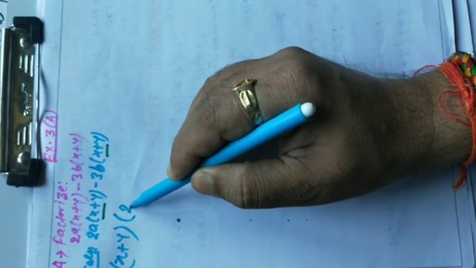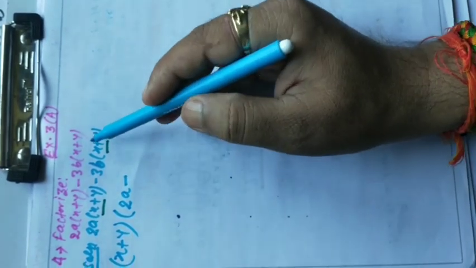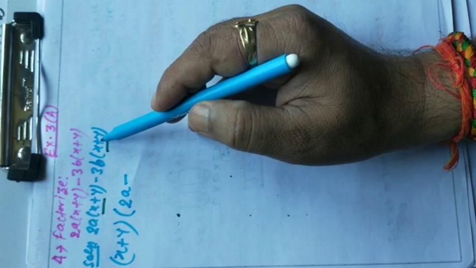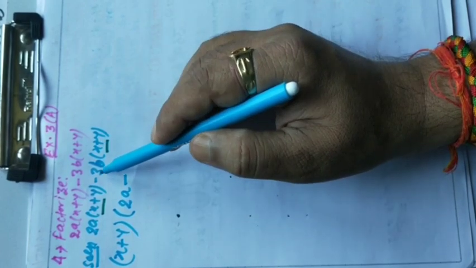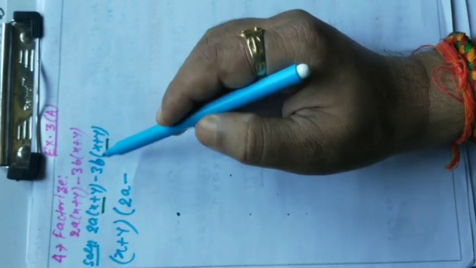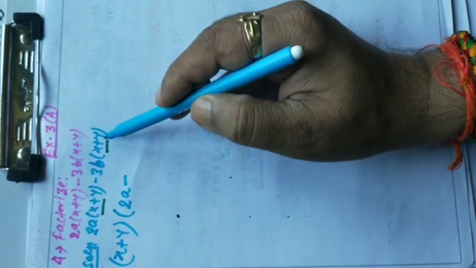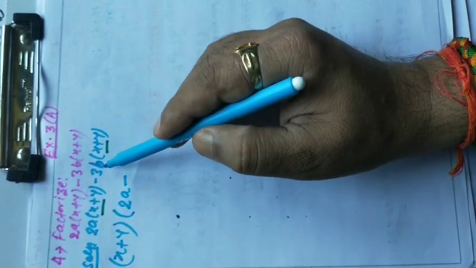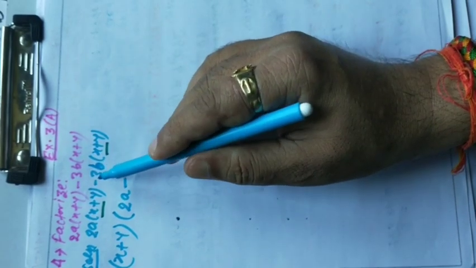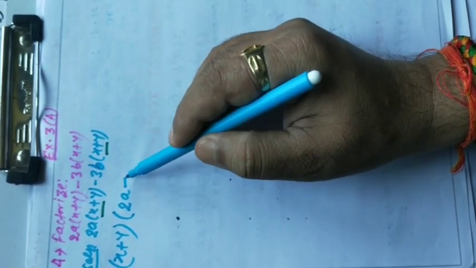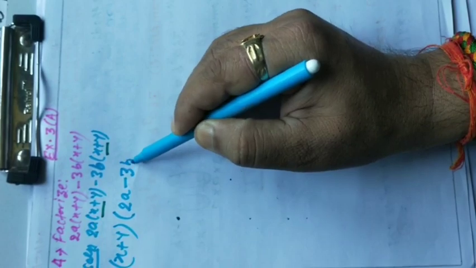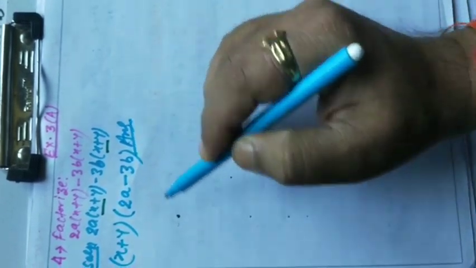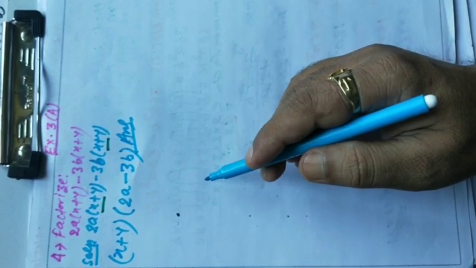So write here 2a, and the minus sign is there, so put the minus sign, and 3b multiplied by x plus y when divided by x plus y, then this x plus y will be cancelled by this x plus y. Then what will be left? Minus is there, and 3b is left. So write here 3b. So we have just factorized it. It is so easy to factorize.